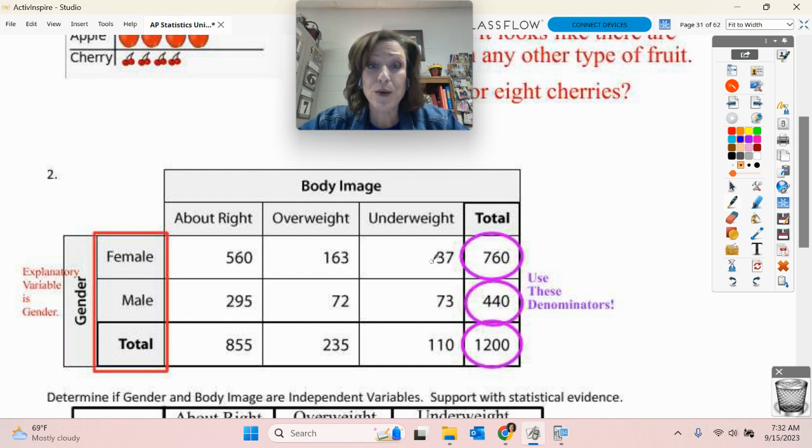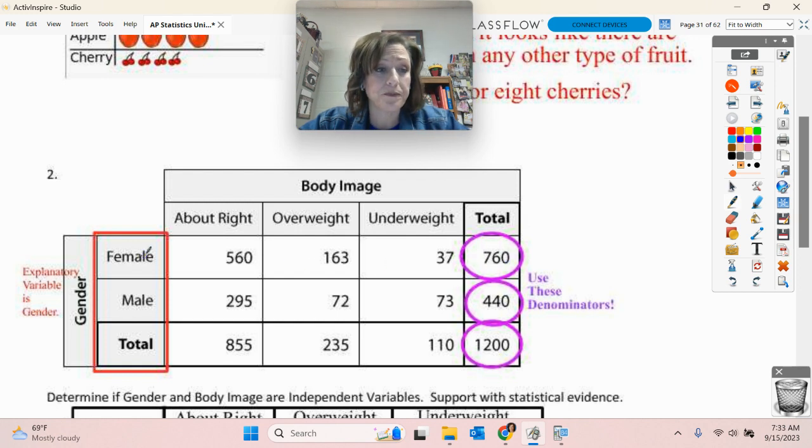Now, first thing I also notice is I have a different number of females in this sample than males. So in order to remedy that and make it similar totals, I'm going to have to get it proportionate and a percentile, because then that's like what you would have out of 100.